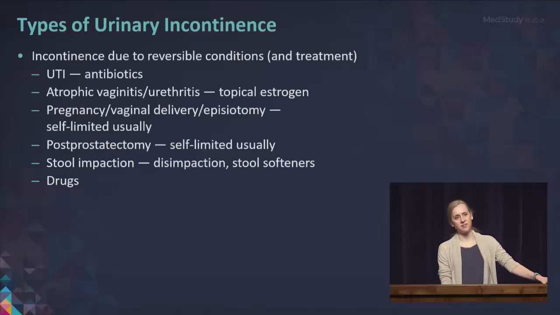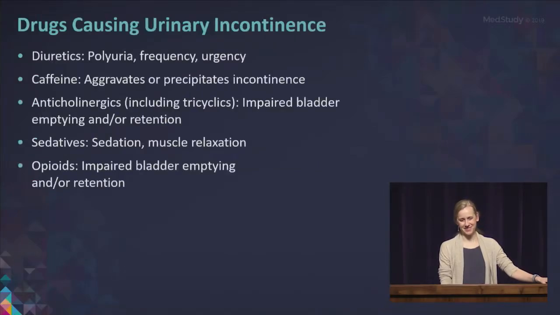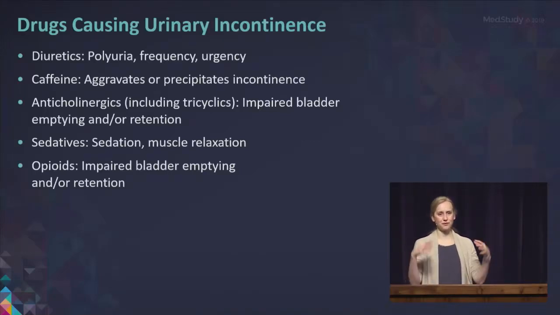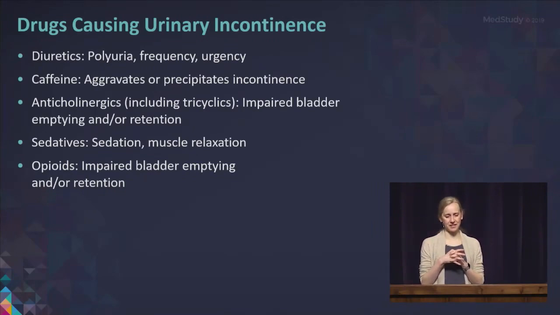Stool impaction, very common in nursing home patients, right? When the rectum becomes increasingly distended, then the bladder is unable to function well. And then medications, as we've been talking about a lot. The drugs that cause this urinary incontinence, like I mentioned, there's diuretics, because they cause polyuria, frequency, urgency. The bladder gets over full and then the detrusor starts spasming.